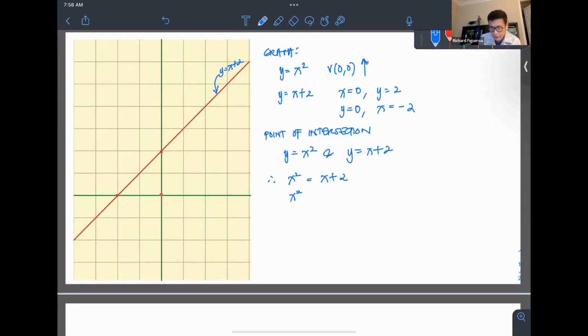To find the values of x, x squared minus x minus 2 equals 0. I'm going to factor this out. x and x, and the factors of negative 2 will be a negative 2 and a positive 1.